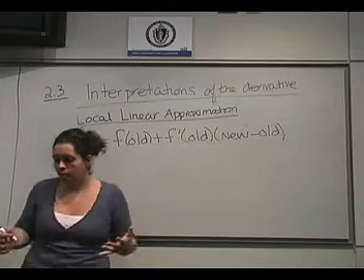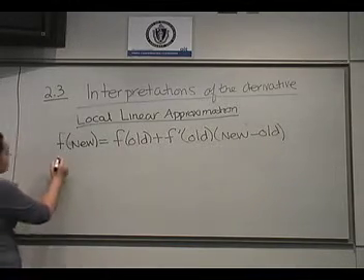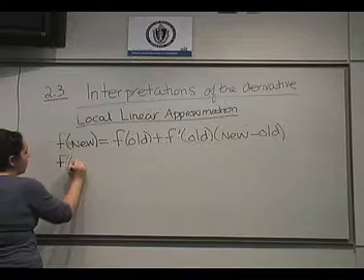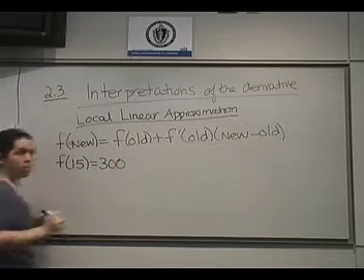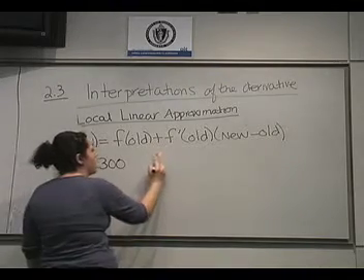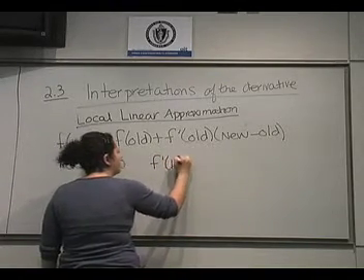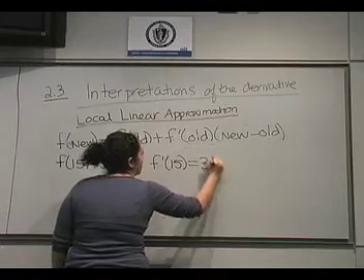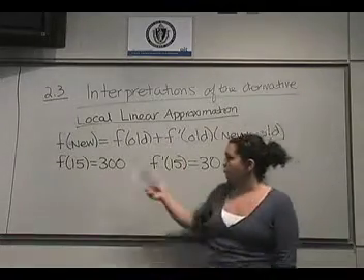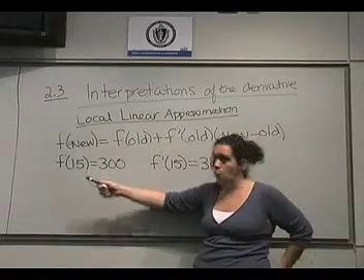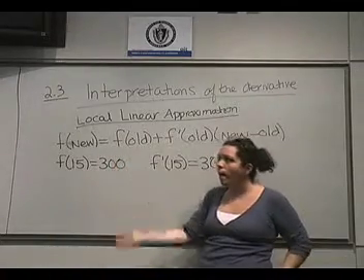So what does this look like? Well, let's say I tell you that f of 15 equals 300 and that f prime of 15 equals 30. So now I've given you information about the function at a point. We don't know if it's a parabola or a line or what.